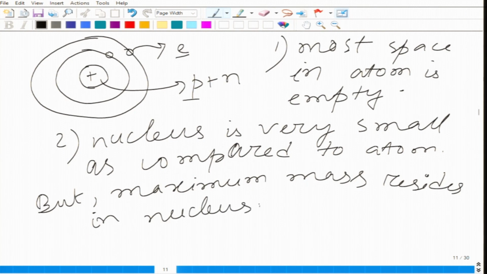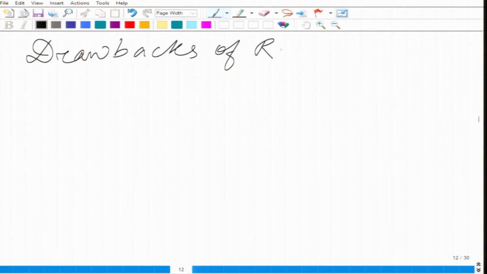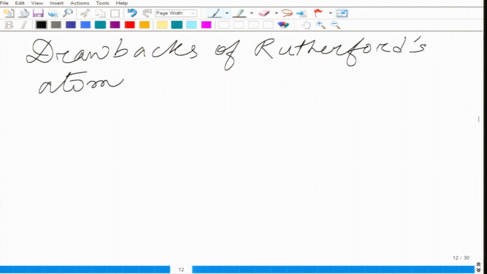Okay, but this model had some drawbacks. What were the drawbacks of Rutherford's atomic model? The first point was that Rutherford's atomic model was very similar to the solar system.